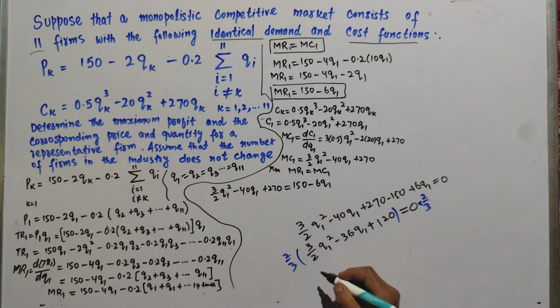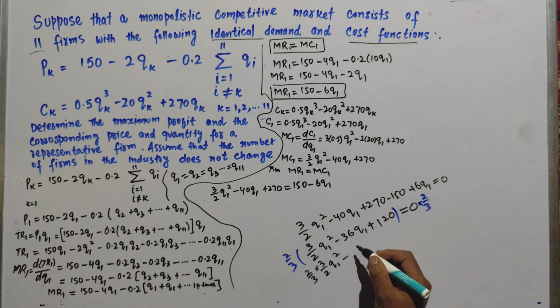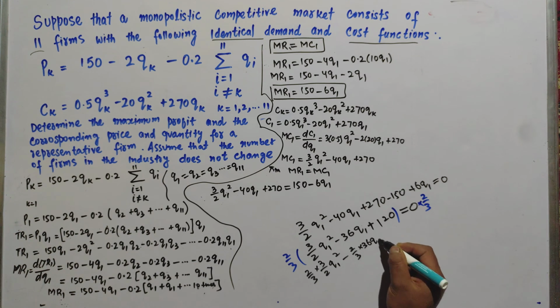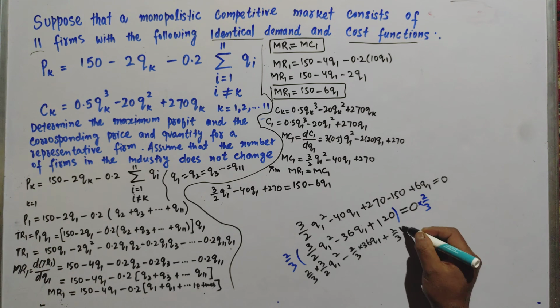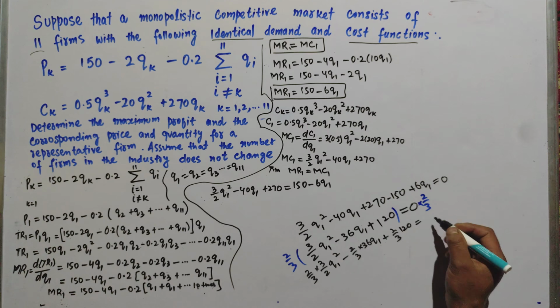So what will happen? We will get 2 upon 3 into 3 upon 2 q1 square minus 2 upon 3 into 36 q1 plus 2 upon 3 into 120 is equal to 0.